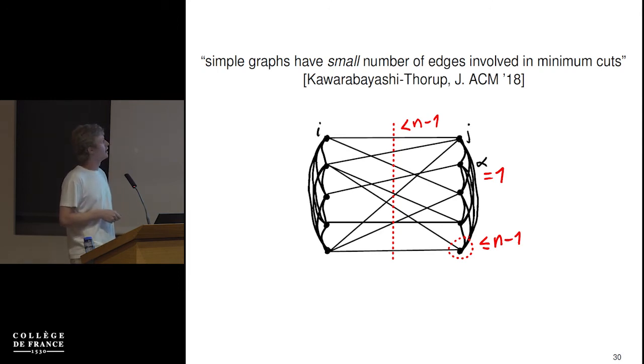And so we see that by taking alpha to be 1, we cannot enforce the minimum cut to cut through a lot of edges. We can only cut through n minus 1 edges. And that basically proves that any minimum cut has size at most n minus 1. So that's a very simple observation. But the harder observation by Kawarabayashi and Thorup was that actually if you look at the full set of minimum cuts, because the graph can have more than one minimum cut, this full set still only involves at most order n edges.